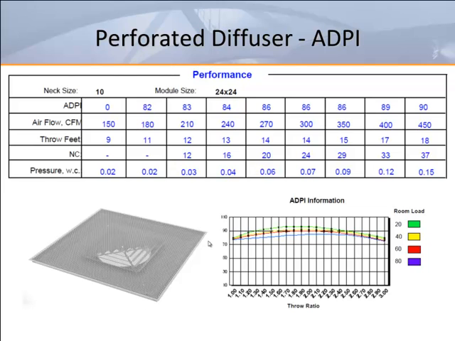This means that where NC 35 is specified, the performance tops out at 425 CFM. On the lower end, the perforated will turn down to 160 CFM and still be ADPI 80 or above. This does not make the perforated selection unusable, but it has a more limited range to meet both ADPI and NC35 than the plaque-based diffuser.